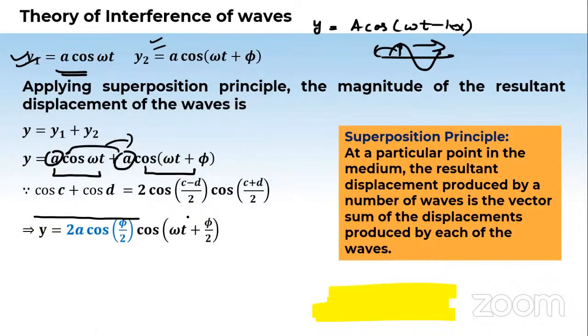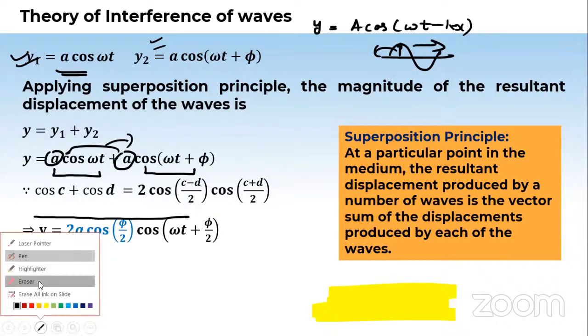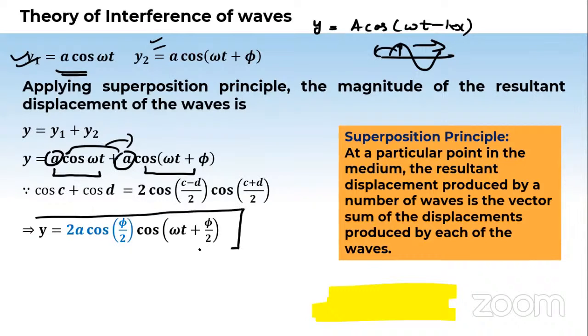So this says y equals 2A cos(phi by 2) multiplied by cos(omega t plus phi by 2). Okay.